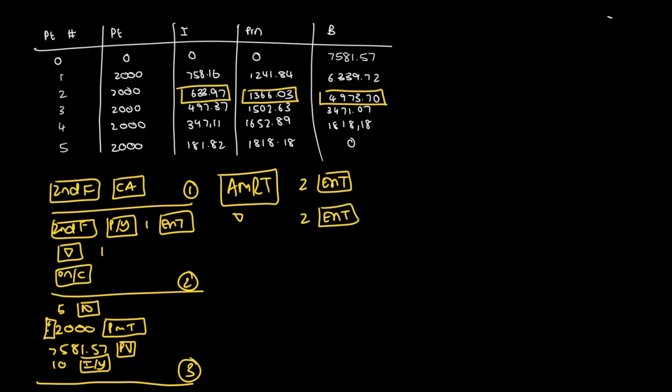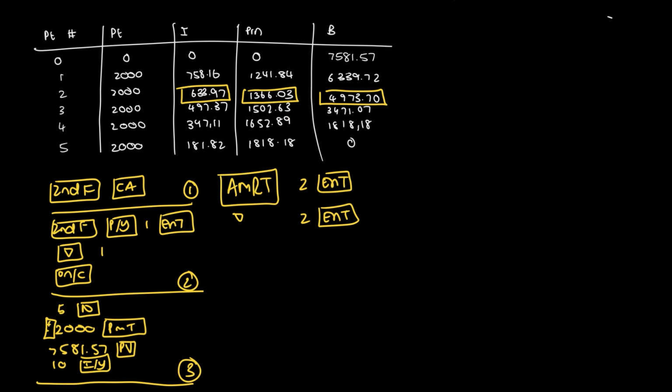What this is going to do is tell the calculator to calculate the payments for the period 2 ending at 2. So it's just going to calculate this line. That's where we start at 2 and where we end at 2.